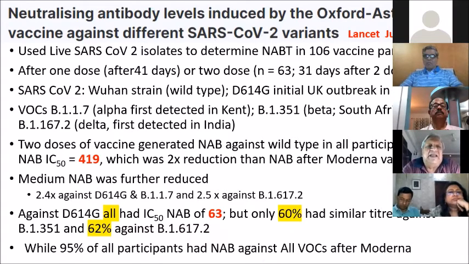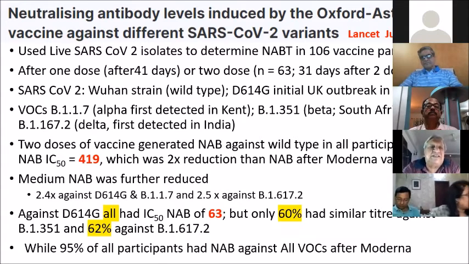Then they had the alpha variant, B117, the beta variant, B1351, and the delta variant, B16172, the variant found in India. So they used the wild strain, the initial UK strain, and then the alpha, beta, and delta mutations.